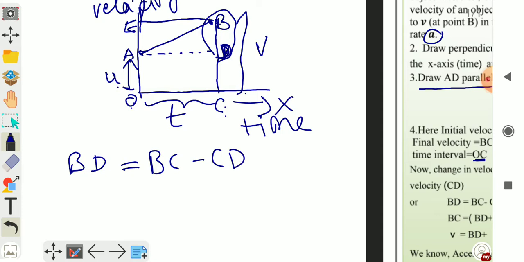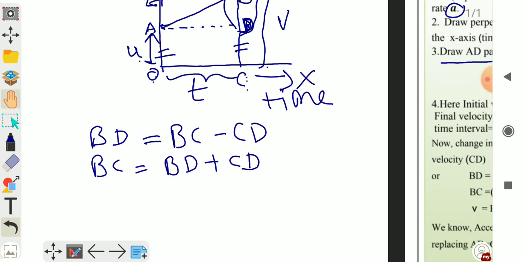Or BC equal to BD plus CD. Now you can write CD is equal to AO.